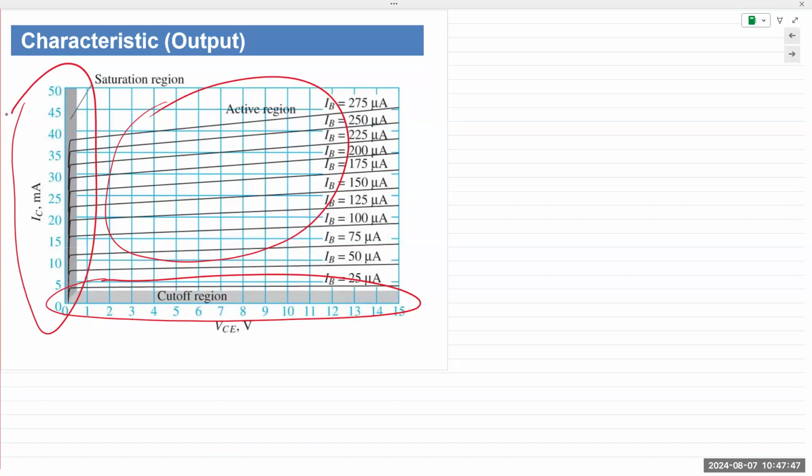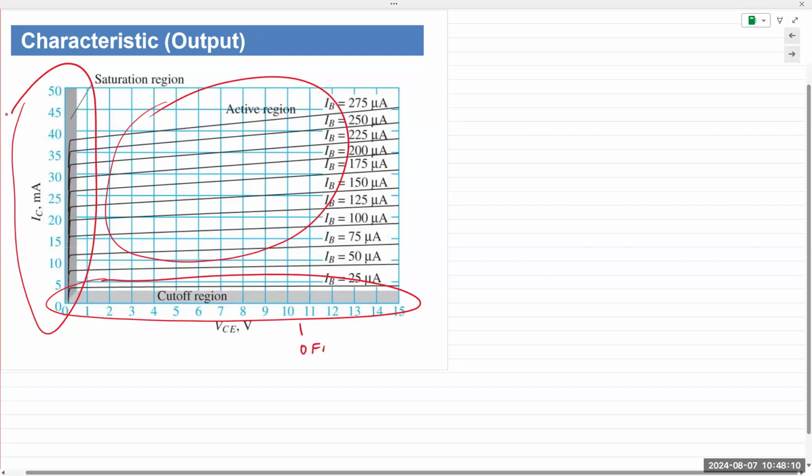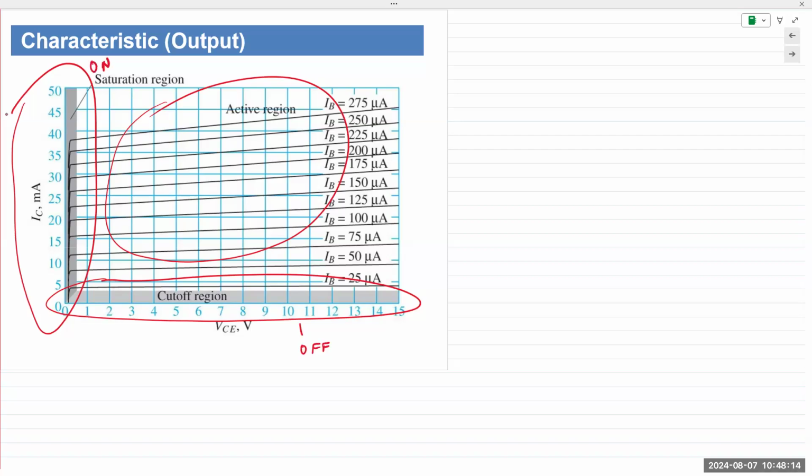Saturation means the switch is wide open, everything is fully flowing. It would be the solid state version of a mechanical light switch. If the switch is off, no current flows to the light, and the light is off. If the switch is flipped on, current goes to the light and the light turns on. So cutoff region is basically where it's off, and saturation is where it's on.